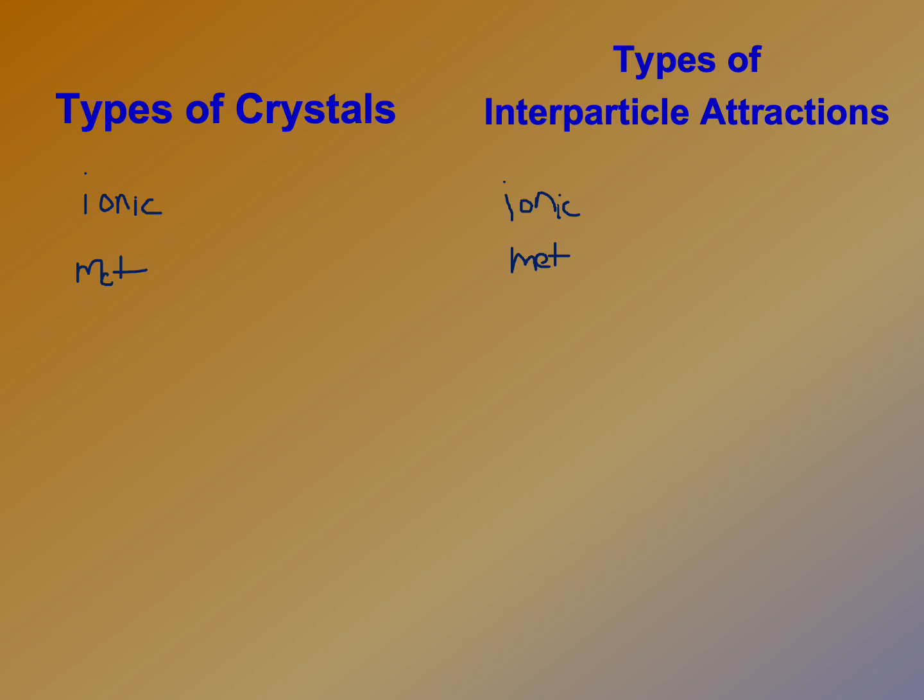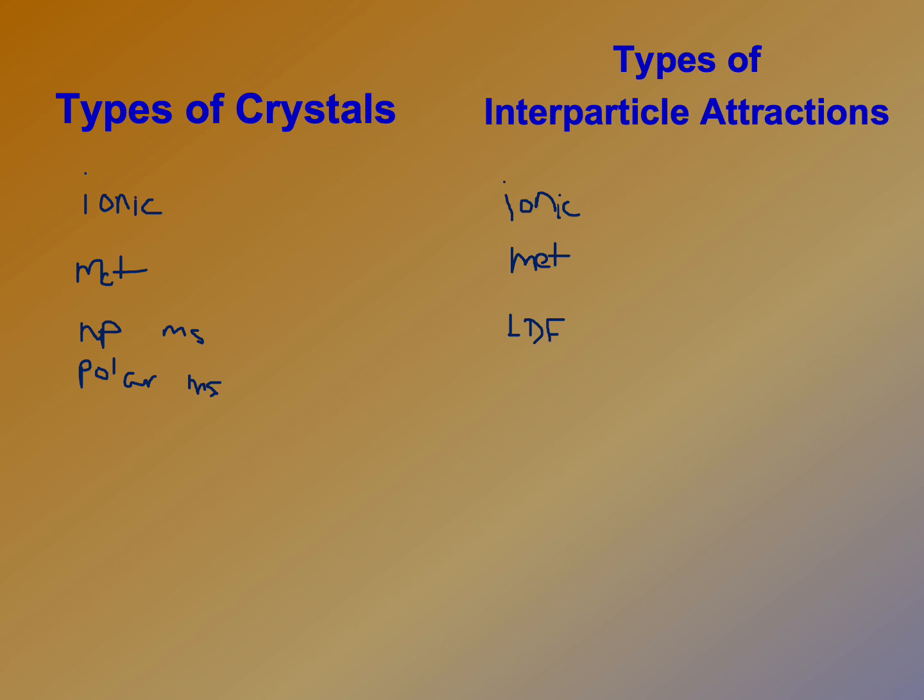With the molecular solids, remember we have nonpolar molecular solids, and then we have polar molecular solids. And I'm going to put MS for molecular solid. Nonpolar molecular solids only have those London dispersion forces, only have the LDFs. And remember, their strength is determined by that polarizability.